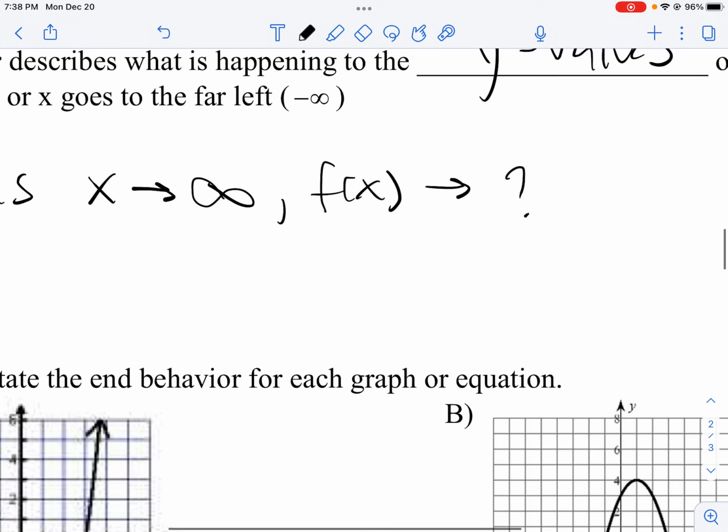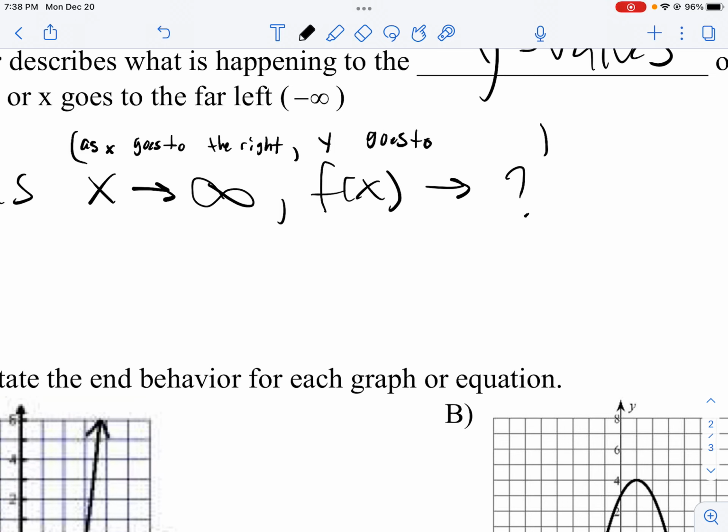Okay, so let's break this down mathematically in words. So this essentially means, as x goes to the right, y goes to where?